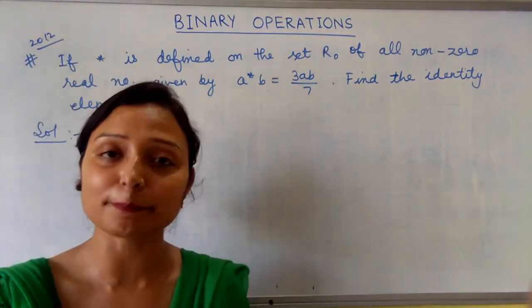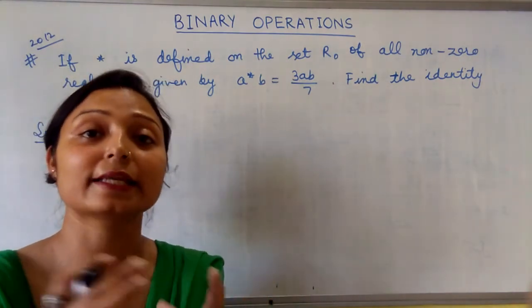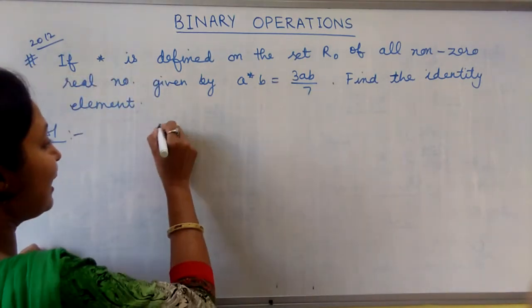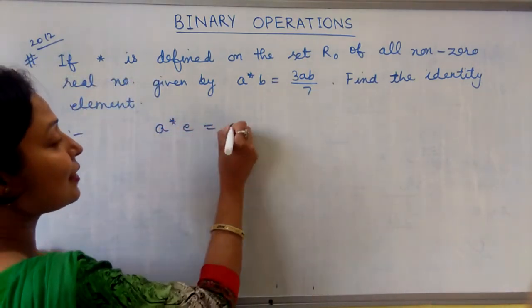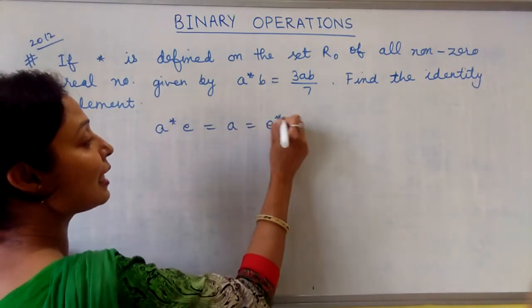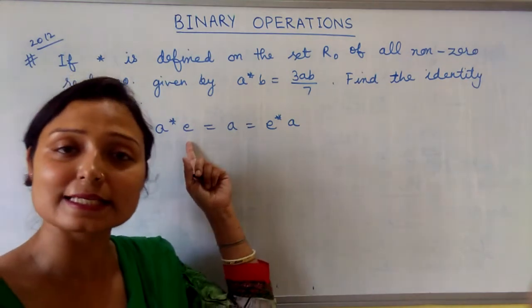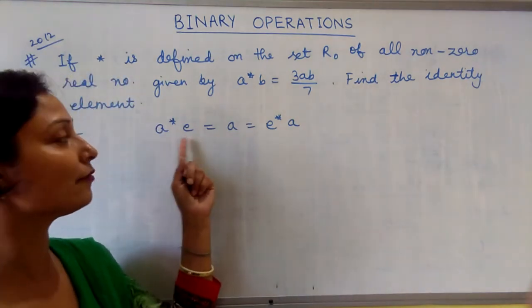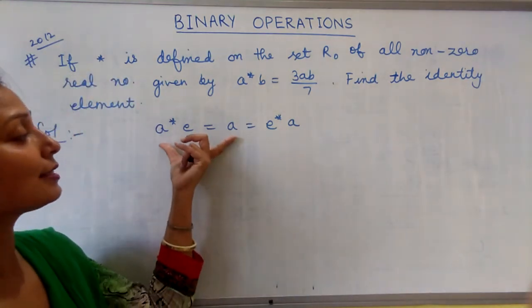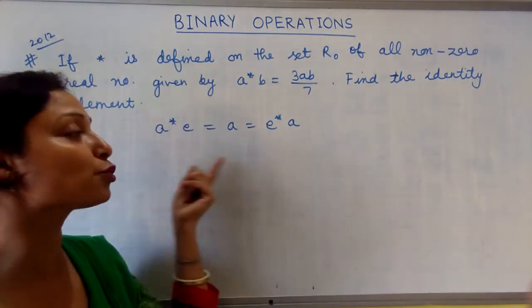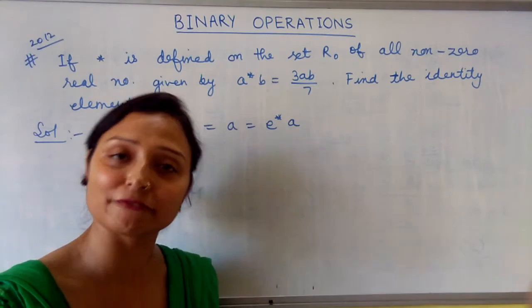You have to write the property, that is A star E is equal to A is equal to E star A. In this equation, E is the identity element. You have to find the value of this E. Either you can take the first portion or the second. From these two portions we will get the same value.